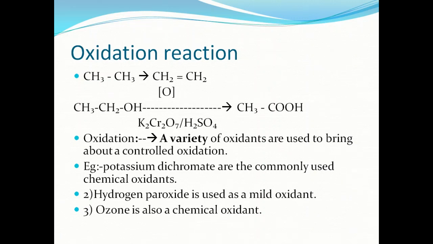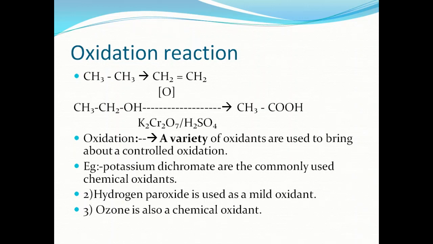A variety of oxidants are used to bring about a controlled oxidation. For example, potassium dichromate is a commonly used chemical oxidant. Hydrogen peroxide is used as a mild oxidant. Ozone is also a chemical oxidant.